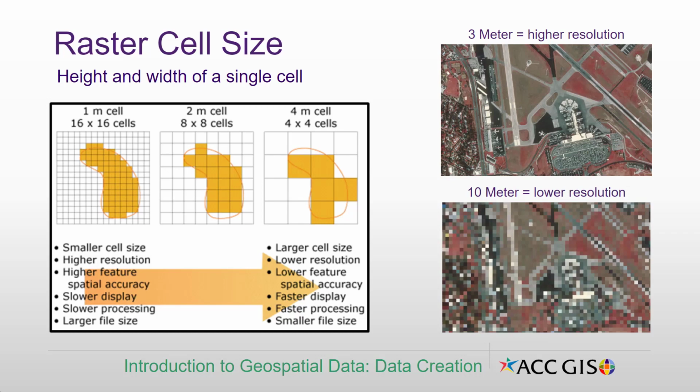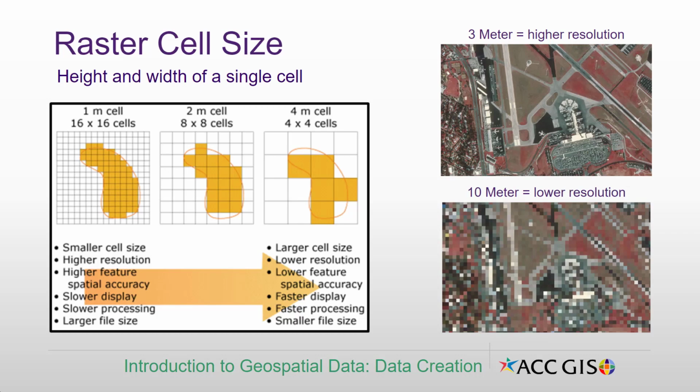And when you map this feature at different sizes, you can see that the overlying raster data looks different. In the 1 meter cell, I can really make out what the kidney shaped bean looks like, but in the 4 meter cells, it doesn't. It looks kind of like a reverse F, for example.